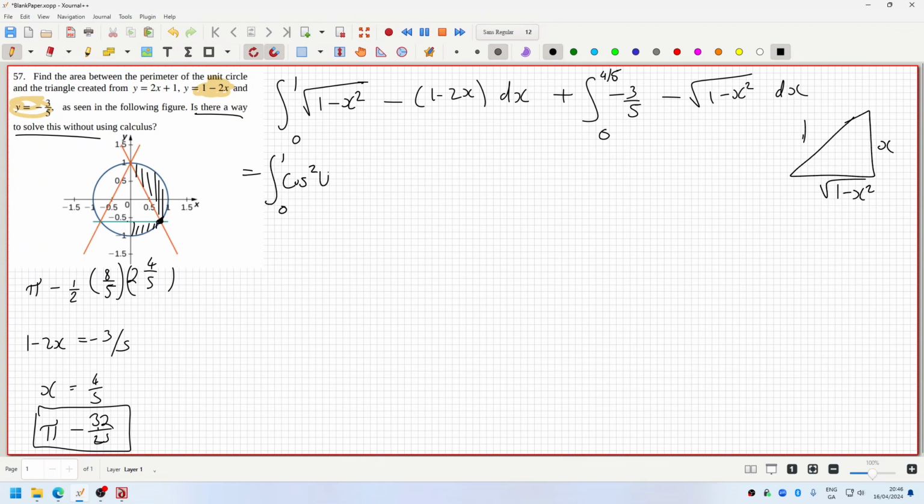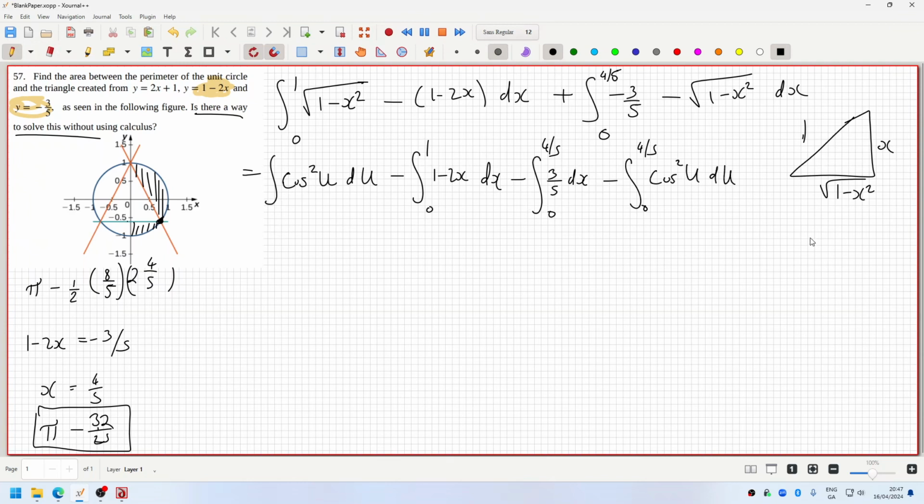So it's going to be cos squared u du again, minus the integration from 0 to 1, 1 minus 2x dx, minus the integration from 0 to 4/5, 3/5 dx, plus, well, actually, minus, so minus the integration from 0 to 4/5, cos squared u du.